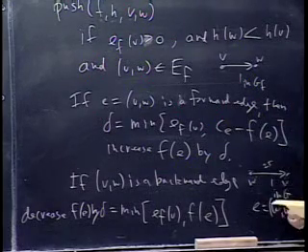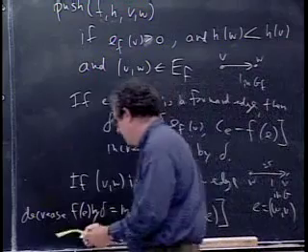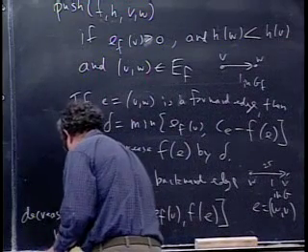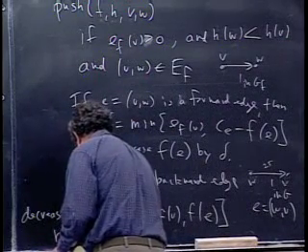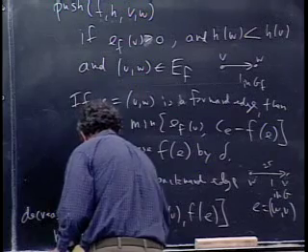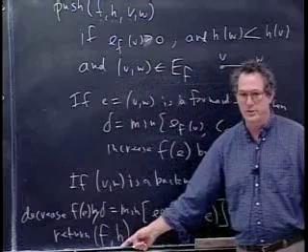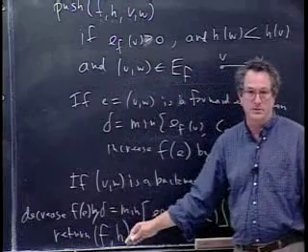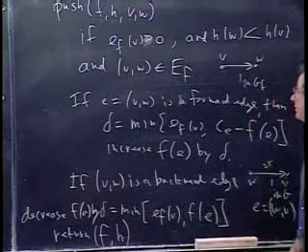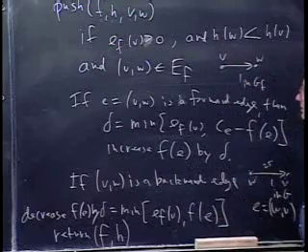And then in either case, you return the new preflow f, and you return the labeling H. Actually, you didn't do anything to the labeling H. That's just a formal thing. So labeling H didn't change at all here.